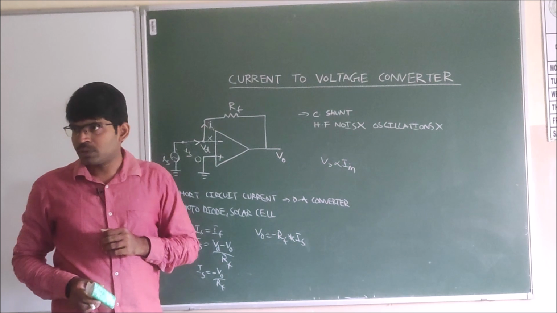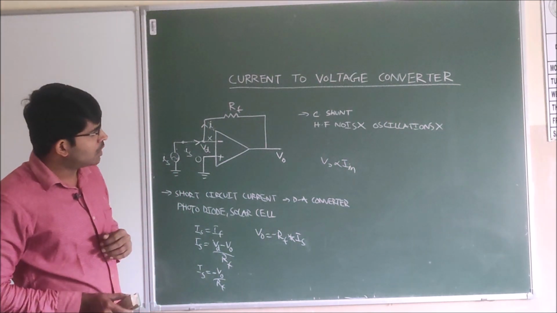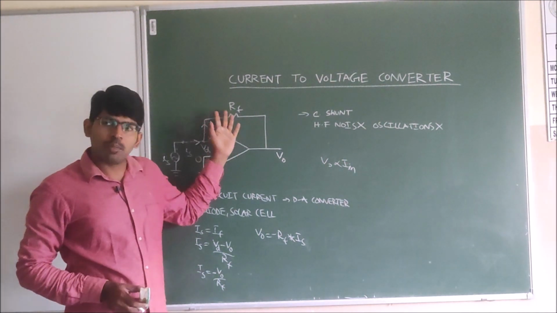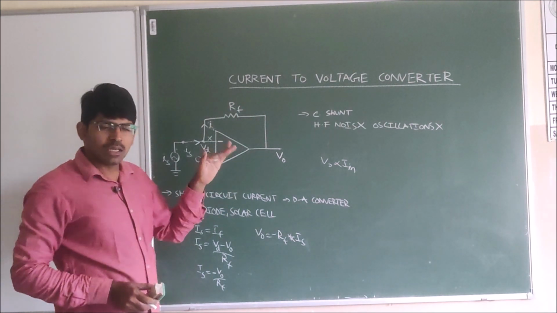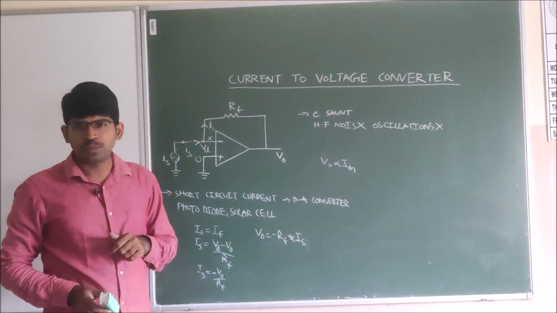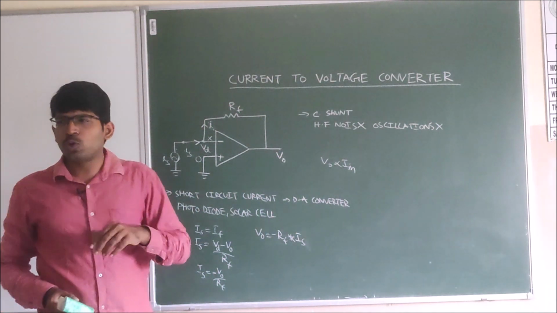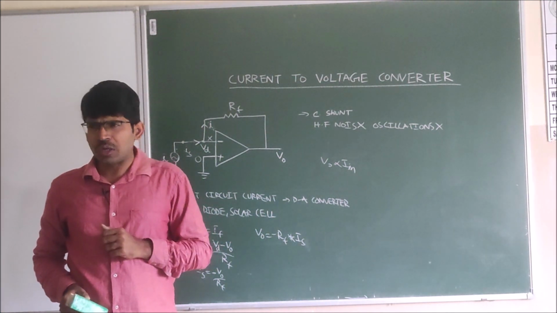So generally noise will be observed. Because of this noise, oscillations will be observed in the output. We are not expecting the output to change on its own because of the noise.